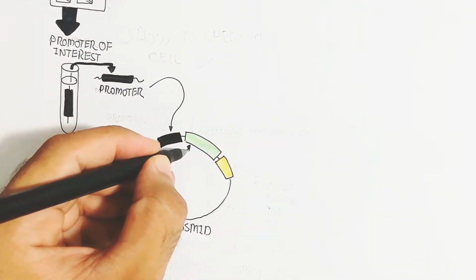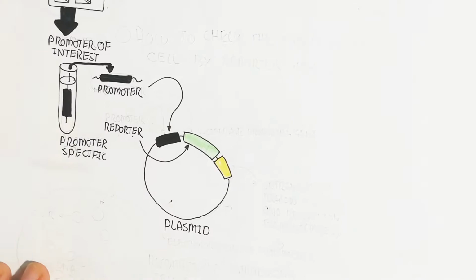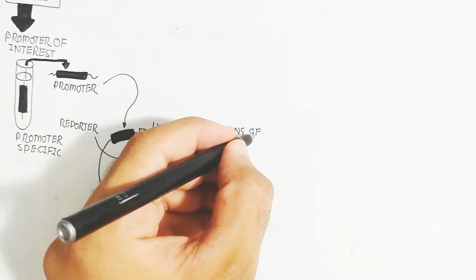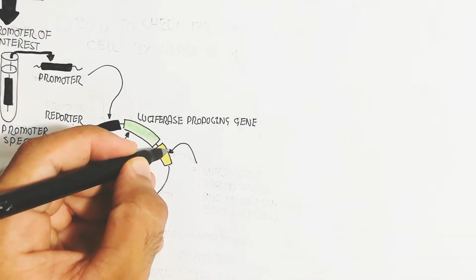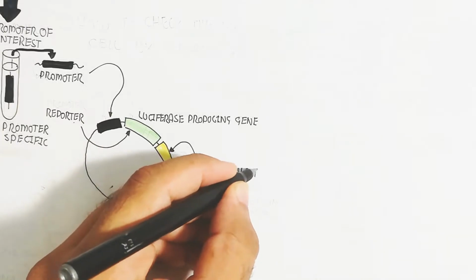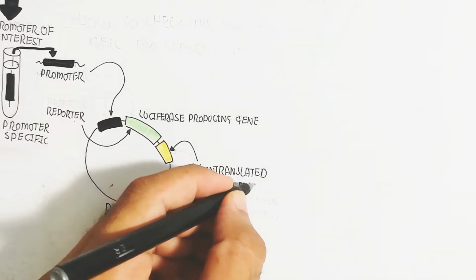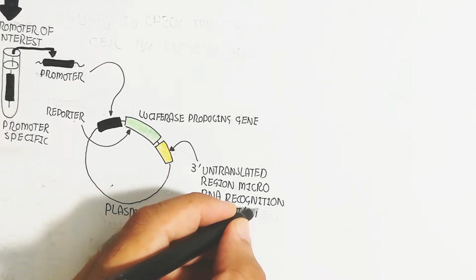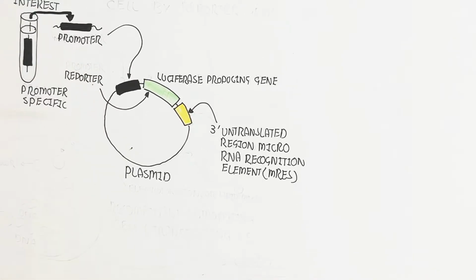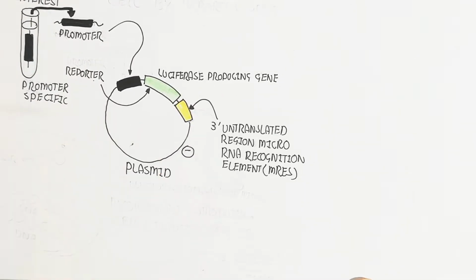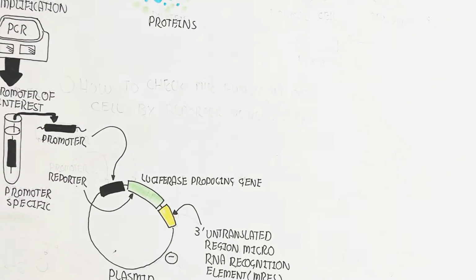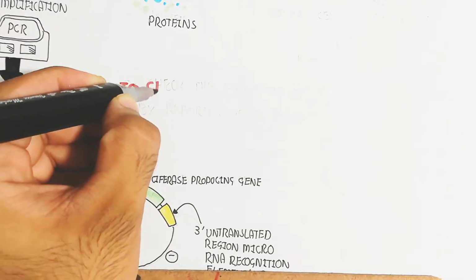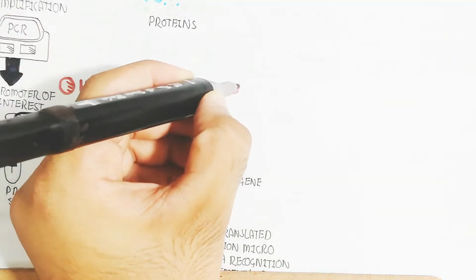Along with the promoter, the plasmid also carries the luciferase-producing gene, which is also our interest, but this is a general gene we can add, and the 3' untranslated region microRNA recognition elements, MREs. A specific cell will inhibit this function, but the cell which does not inhibit the luciferase-producing gene, that is our choice of cell.